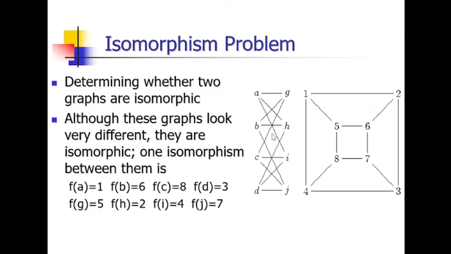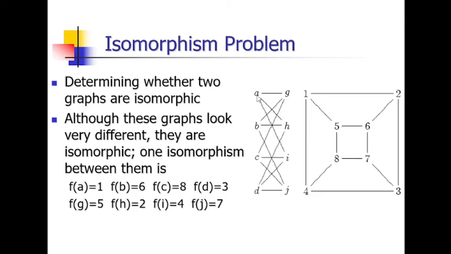So, when determining whether two graphs are isomorphic or not, you need to consider that for a particular point or node, the number of edges should be the same. So can I say that the left hand side graph is equal to the right hand side graph?